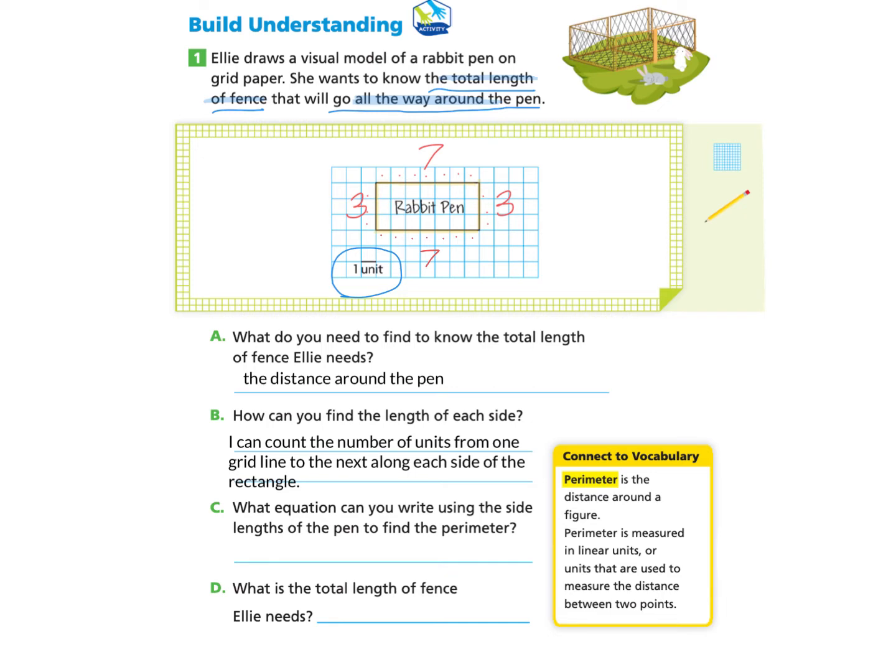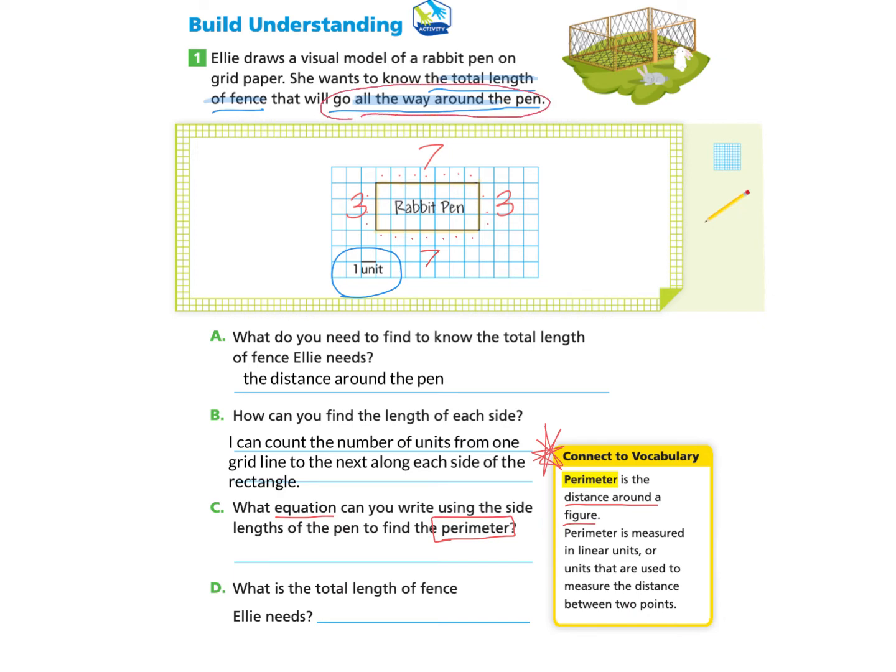Let's take a look at part C. What equation can you write using the side lengths of the pen to find the perimeter? We need to go over to Connect to Vocabulary to understand what perimeter is. Perimeter is the distance around a figure, which is our job.